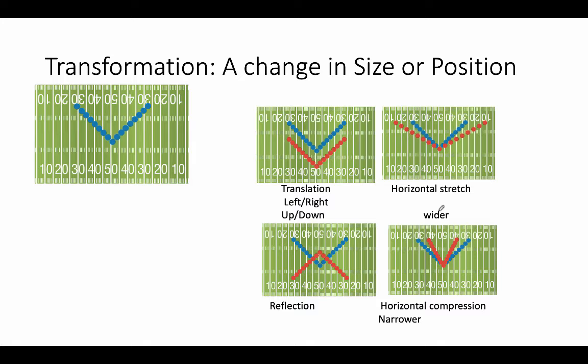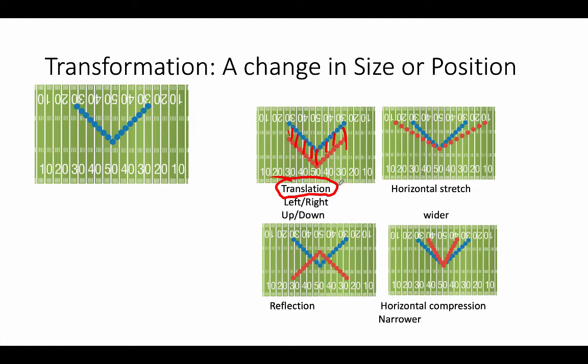Okay, transformations are just when we're going to move things around. A change in size is actually kind of a change in shape, I guess. So we've got a V here, like the marching band out on the football field, or the soccer field, whatever, the pitch. We notice we moved everything forward. Everybody moved forward that same little bit. That's called a translation.